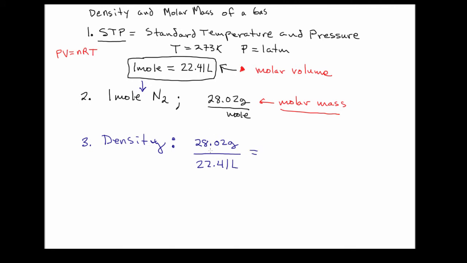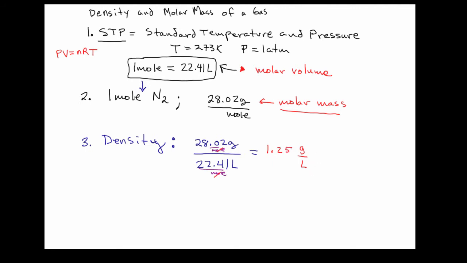If we take a ratio of its mass to its volume, and I haven't really ditched the mole here, if you put this over a mole and you put this over a mole, you can see that the moles are going to cancel out. What we're going to be left with are the units of grams per liter, and the density of this particular gas is going to be 1.25 grams per liter.